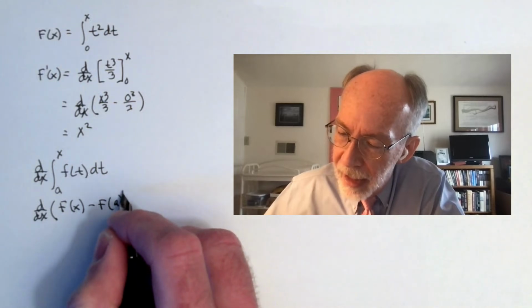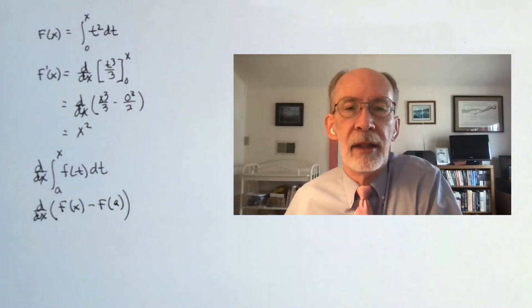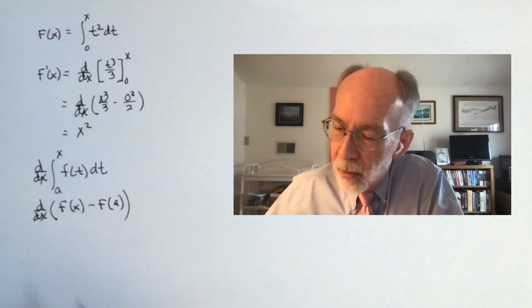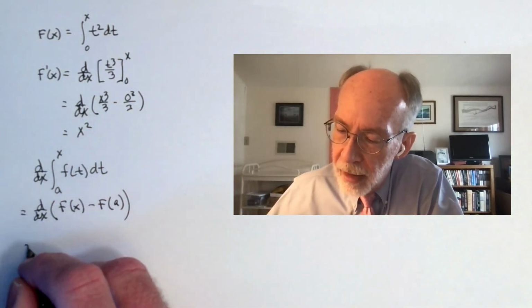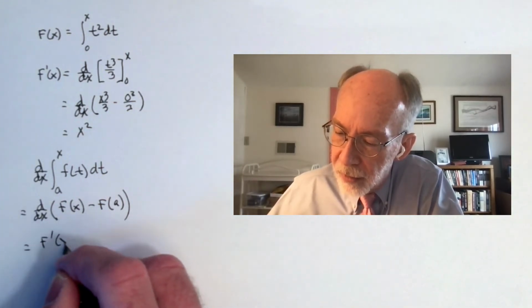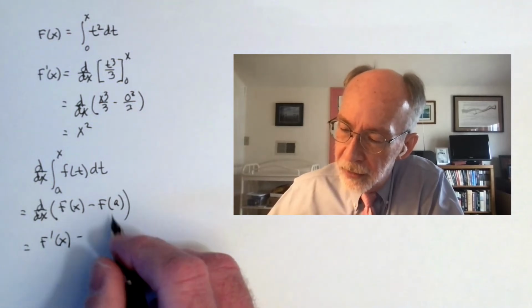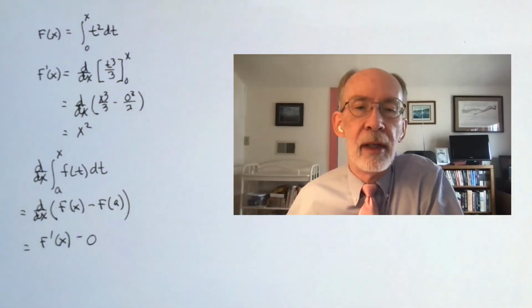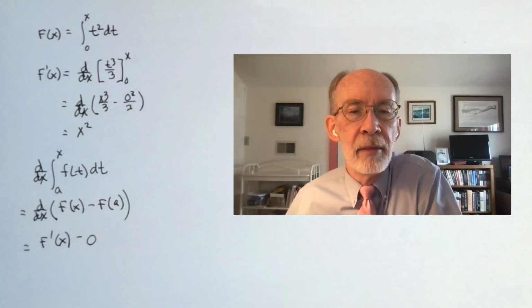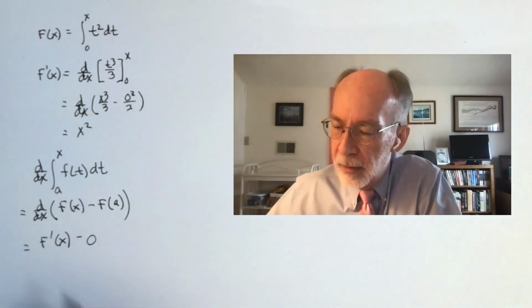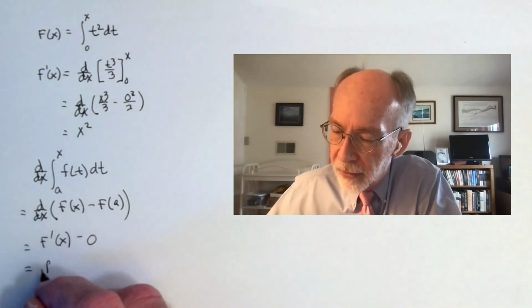So we're letting big F represent the antiderivative of little f. Well, that is big F prime of x minus 0, since F of a is a constant. But big F prime of x, we said moments ago, was little f of x.